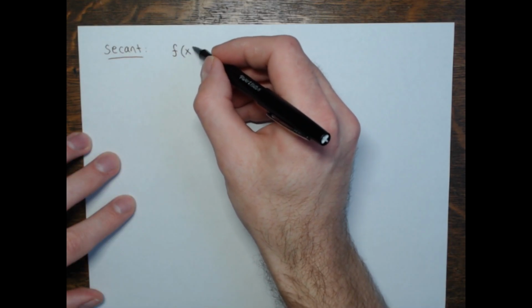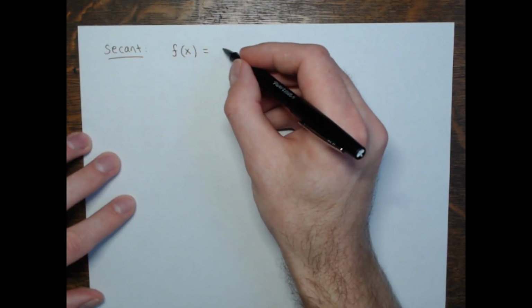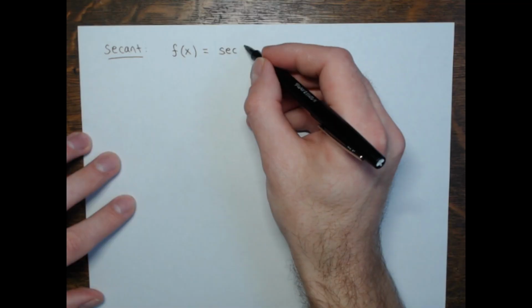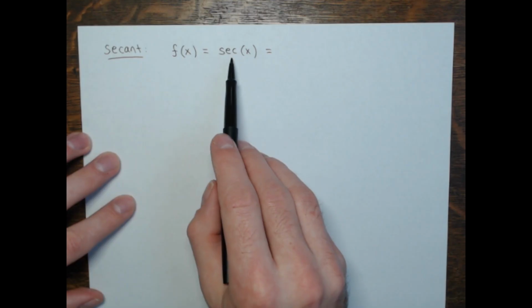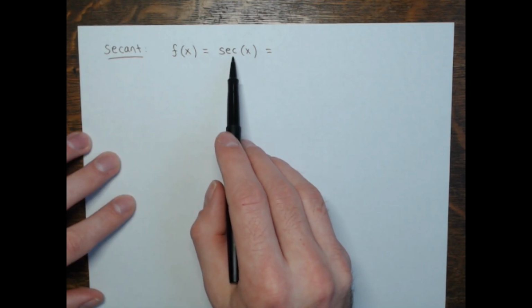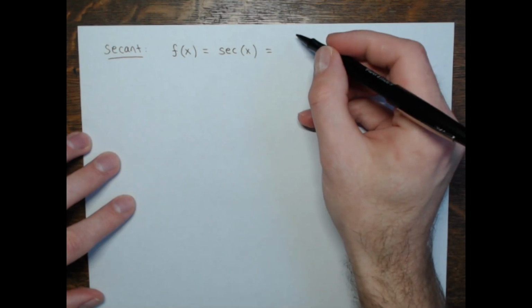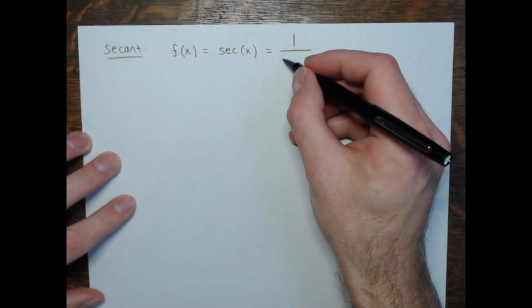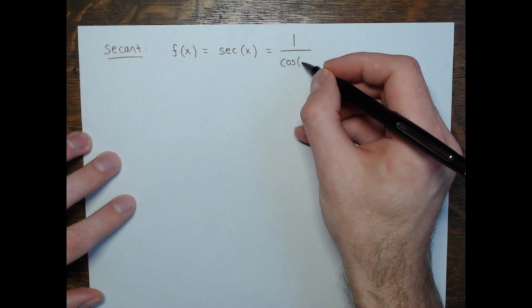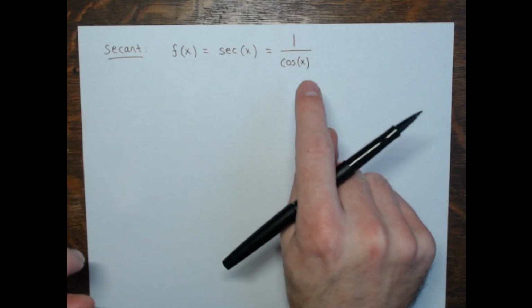I'm going to say we have f of x or y equals, remember that secant was sec of x, which is the reciprocal of the cosine function. This is the way that was defined. So 1 in the numerator divided by cosine of x in the denominator.